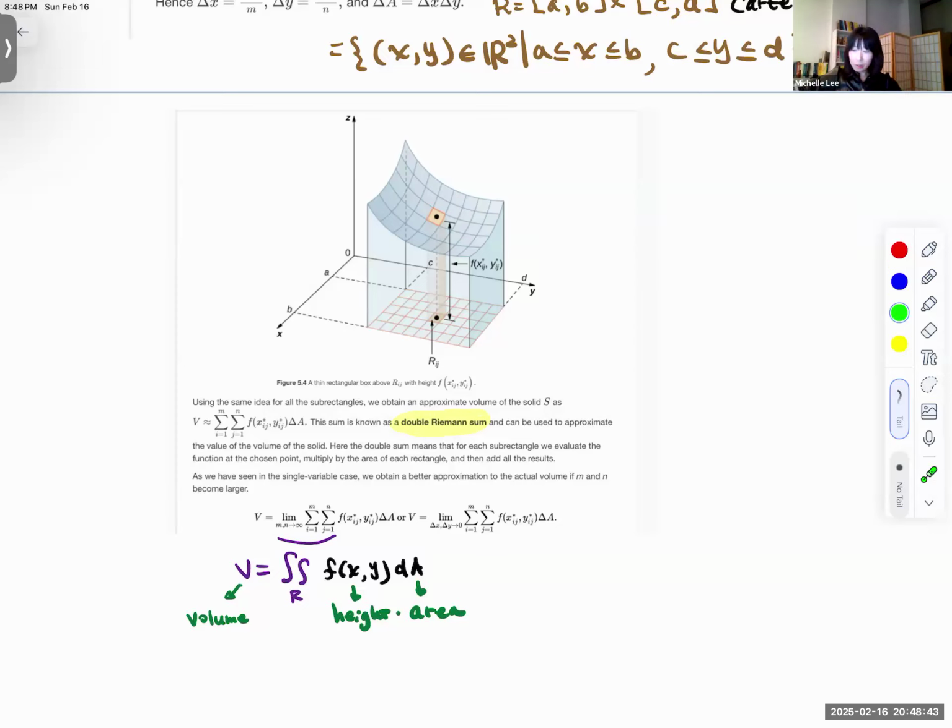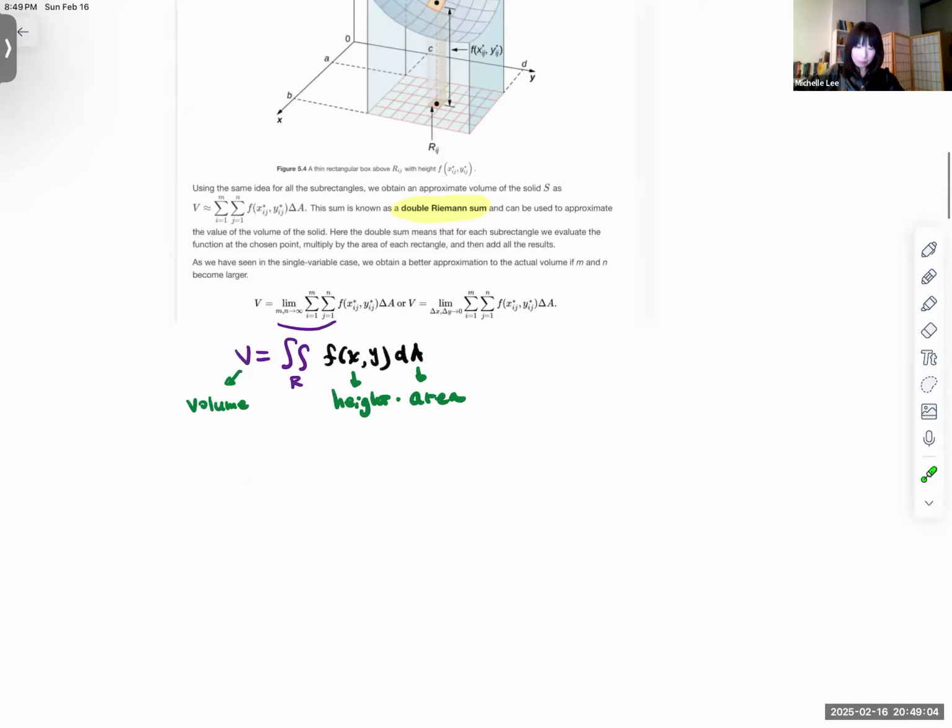So here we go. We have volume, the function is the height, and then dA denotes the area. So we understand what we are doing, right?